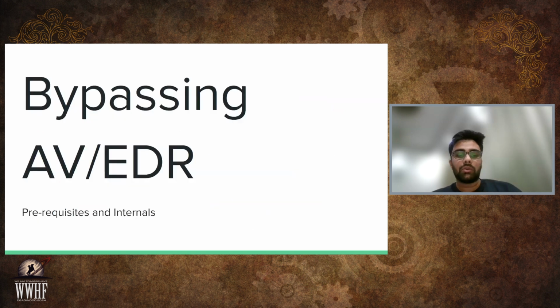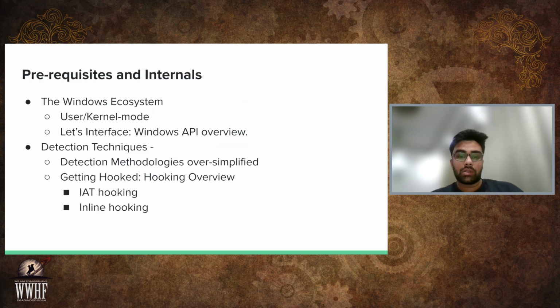Before any malware developer bypasses any AV or EDR, there are certain prerequisites that we need to understand. So, in this section, we understand what user and kernel mode are within Windows.